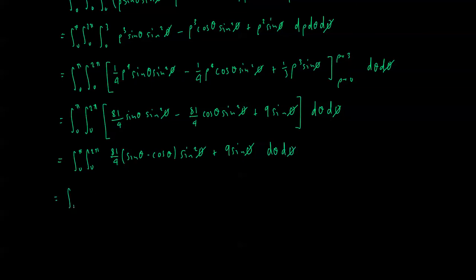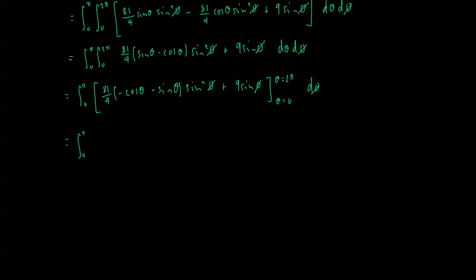So from 0 to pi, this becomes 81 on 4. The integral of sine theta is negative cos theta, and the integral of minus cos theta is minus sine theta, times sine squared phi, plus 9 sine phi, from theta equals 0 to theta equals 2 pi, d phi.